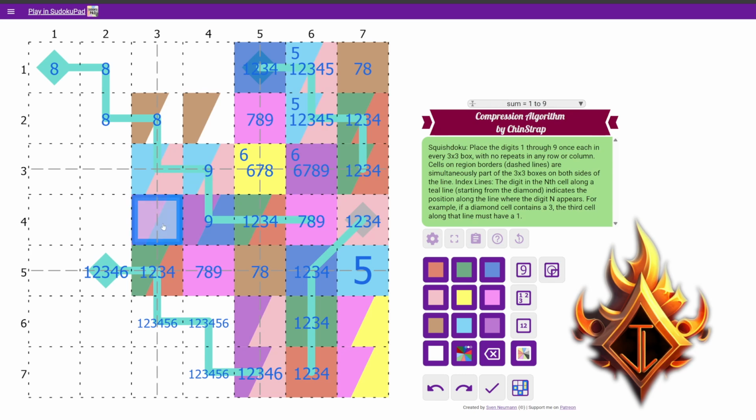This color, it's dark purple, it would go here. It's dark blue, it would not. Well, how about that?